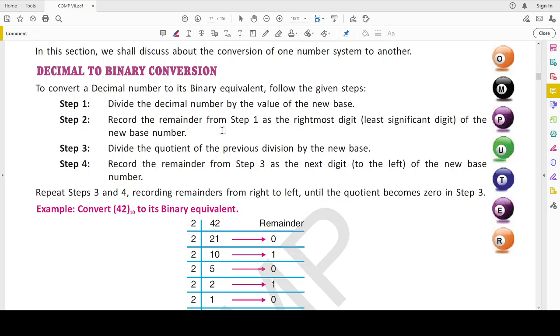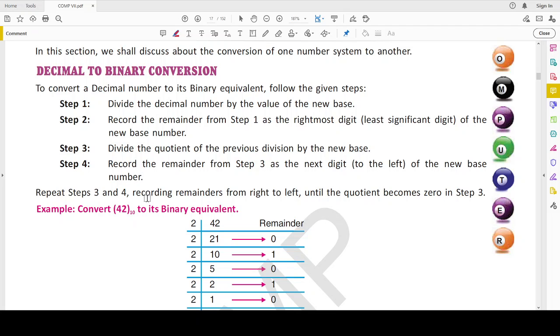Record the remainder from step 1 as the rightmost digit, least significant digit of the new base. Divide the quotient of the previous division by the new base. Record the remainder from step 3 as the next digit to the left of the new base.